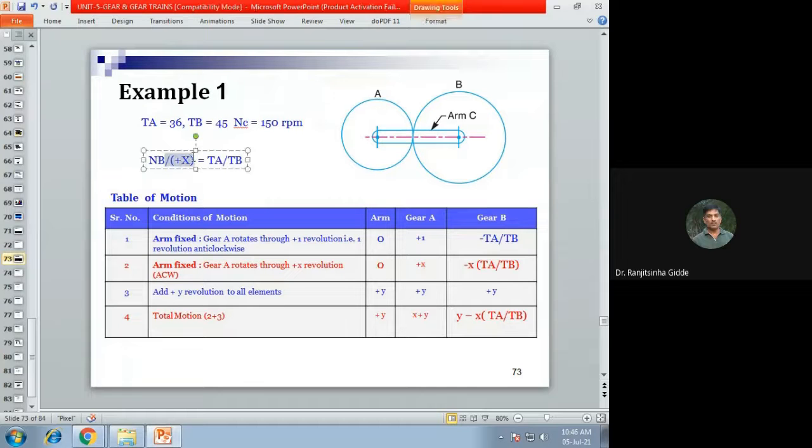Now plus X, we can take this on the right hand side. What value are we getting here? TA upon TB. So NB is equal to plus X TA upon TB.